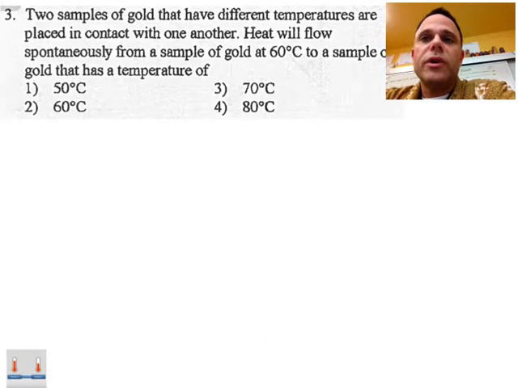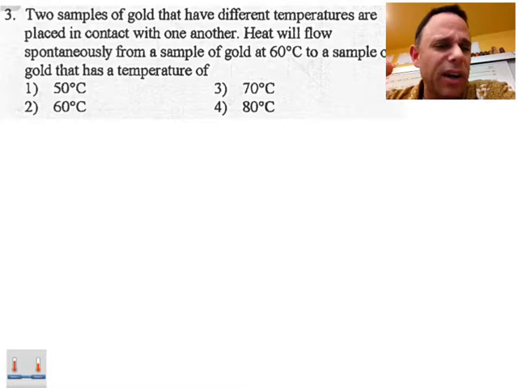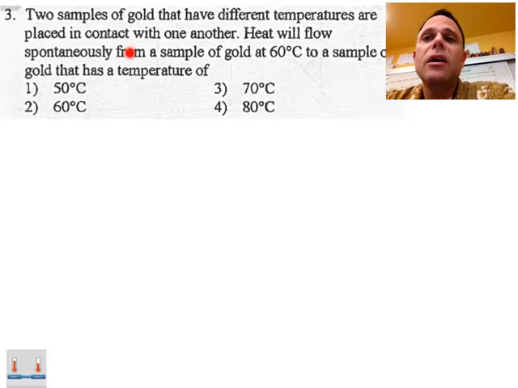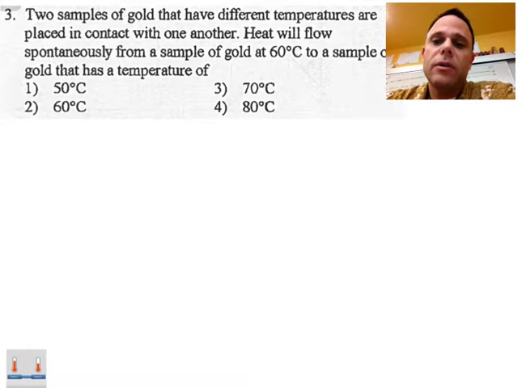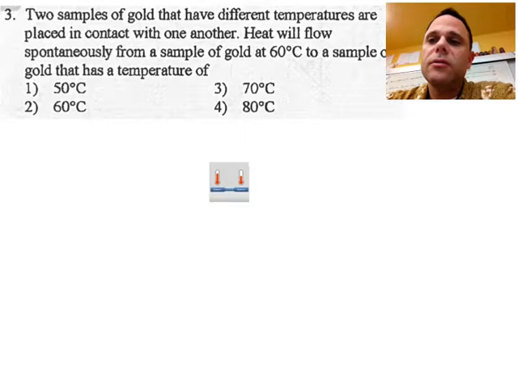This question reads, 2 samples of gold that have different temperatures are placed in contact with one another. They are touching. Heat will flow spontaneously. That means by itself, without being coaxed or convinced to do so. It will happen spontaneously from a sample of gold at 60 degrees Celsius to a sample of gold that has a temperature of, well, this diagram may assist you.